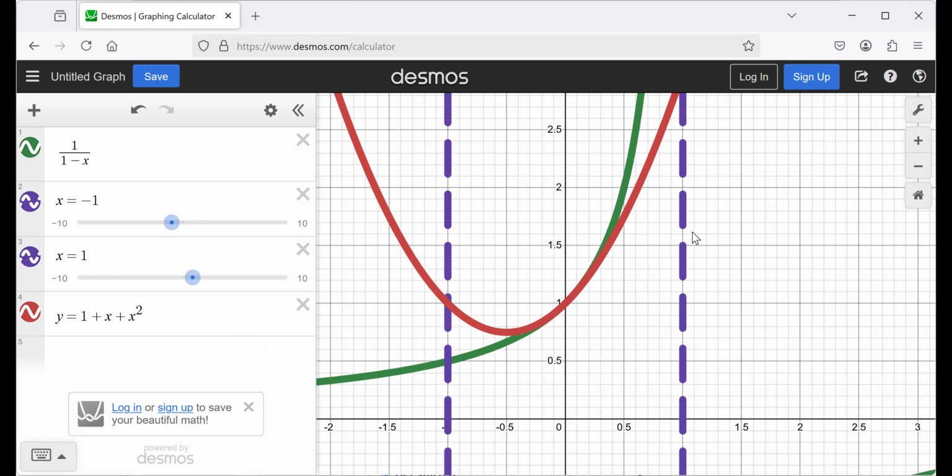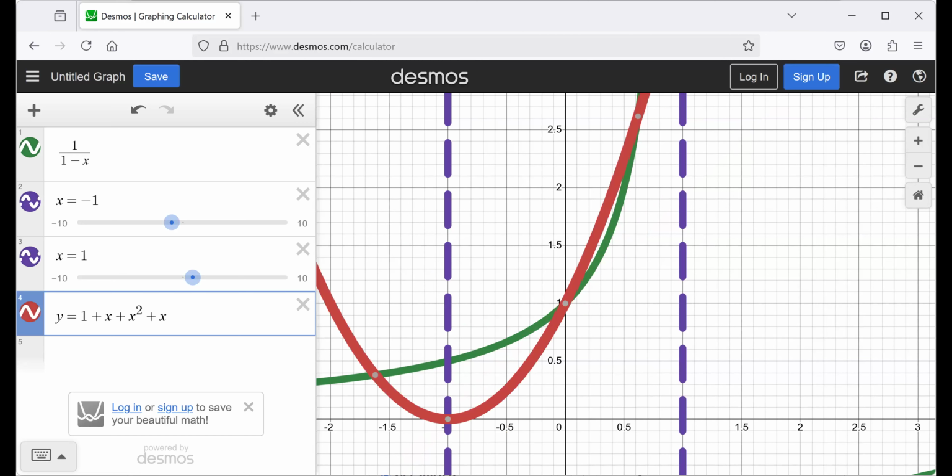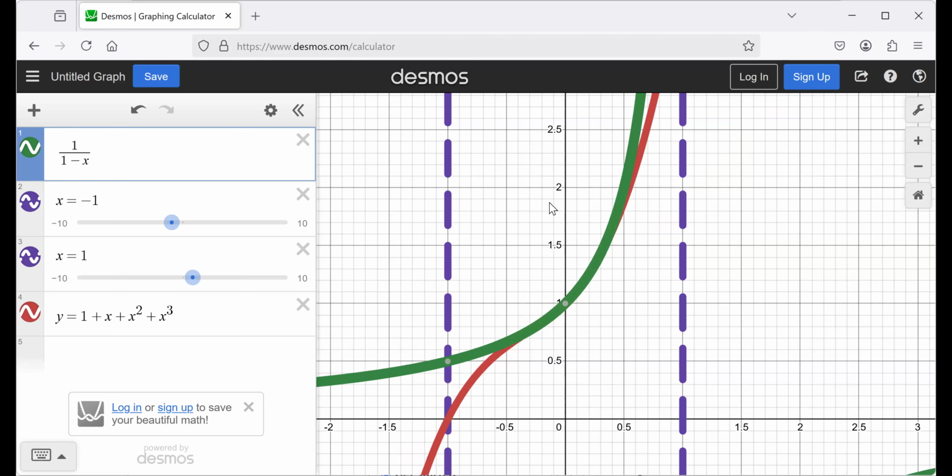And as we increase terms, the interval this approximation looks good on is again an interval around the center. And that's just going to keep happening. That's where the word center comes from. It's the center of the interval where this approximation is a good approximation.